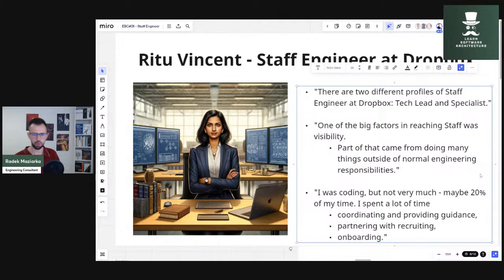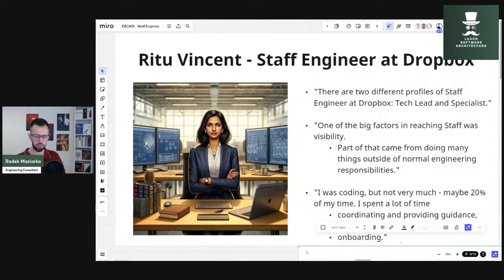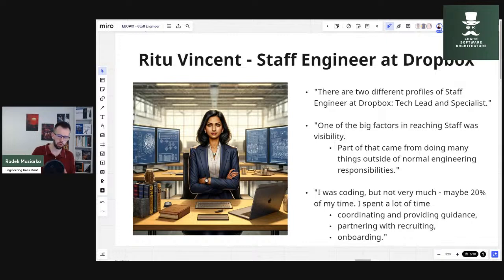And she said that I was coding, but not very much, maybe 20% of my time. I spent a lot of time coordinating and improving guidance, partnering with recruiting, onboarding. So if you want to reach staff engineer level to code more, usually you won't when you become a staff engineer, because this role is not solely focused on coding, but rather on solving specific problems at scale.